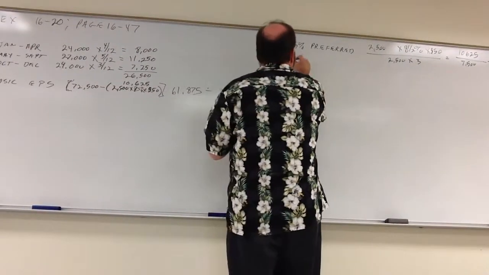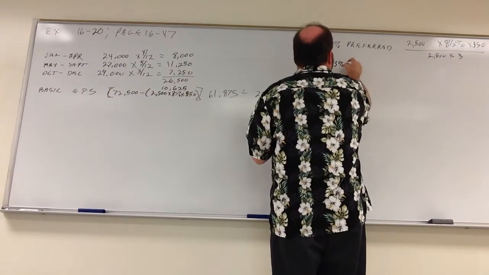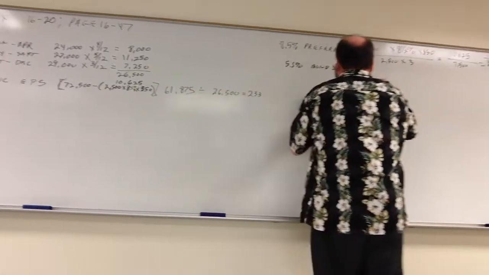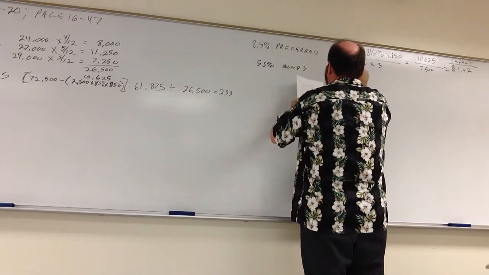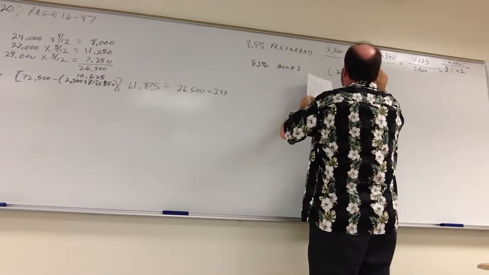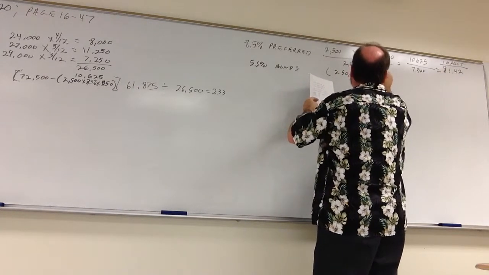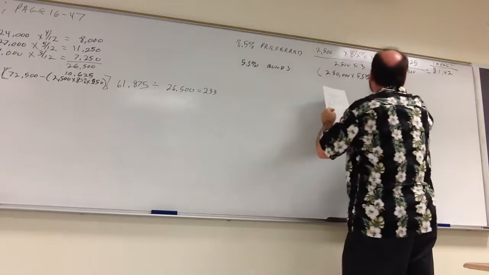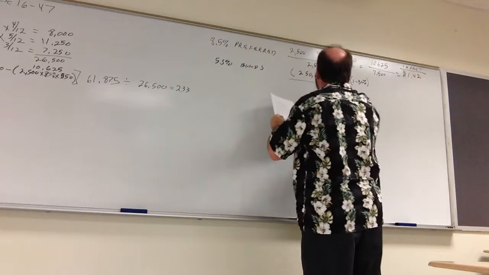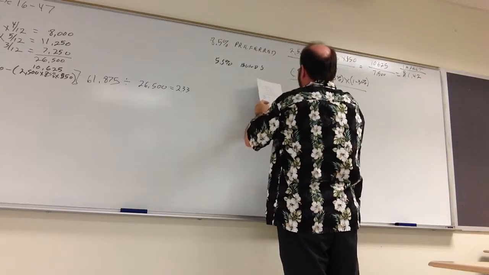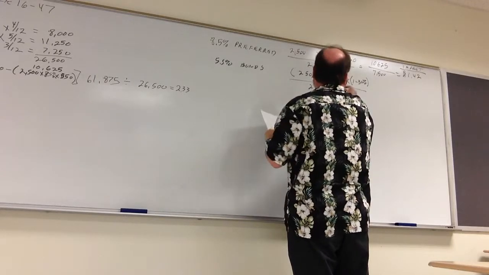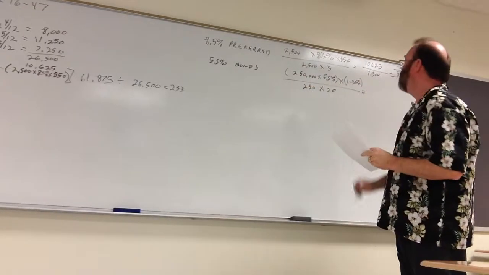All right, then we have the 5.5% bonds. That was 250,000 times 5.5% times 1 minus 30%. Each one of these bonds, there are 250 of them, and they're each convertible into 20 shares of stock.